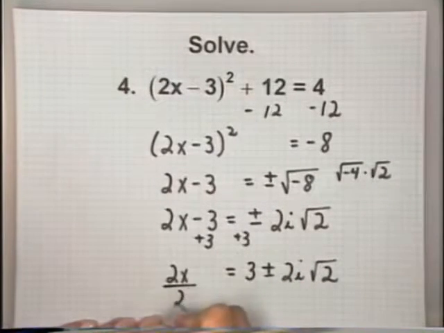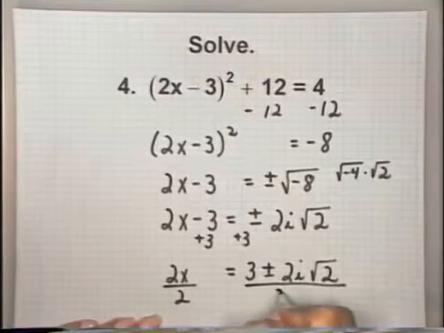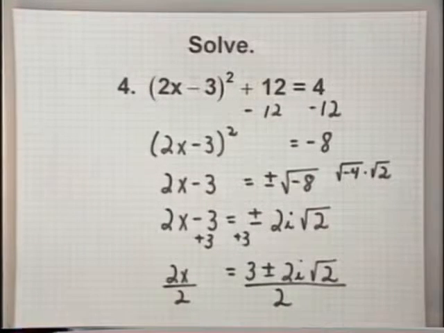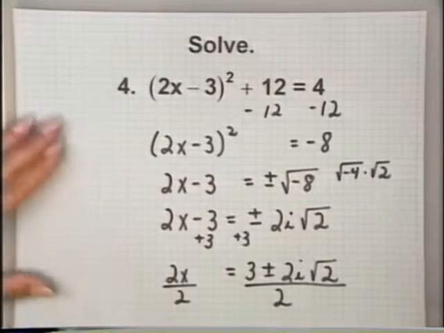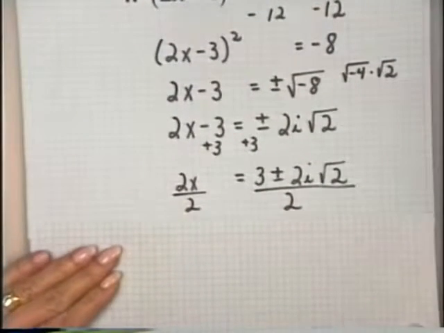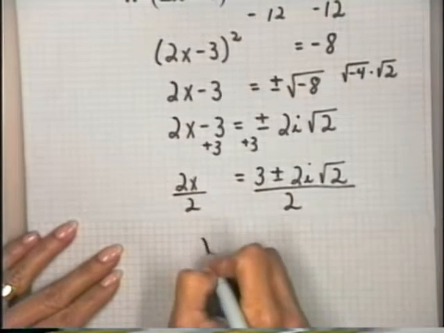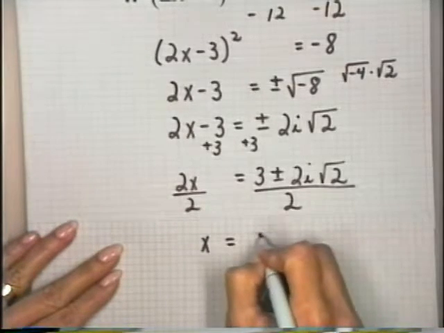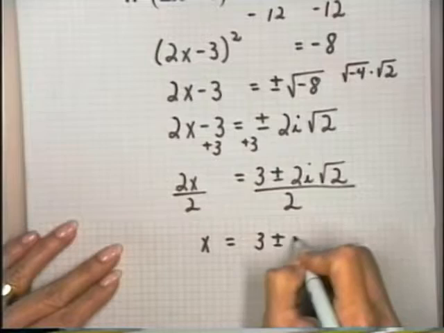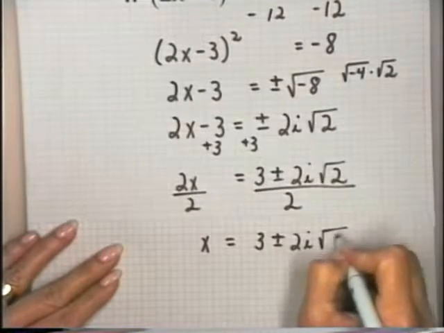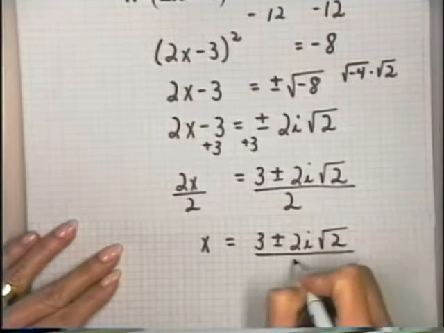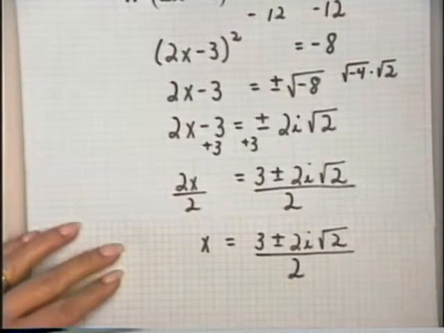And last, I want to divide both sides of the equation by 2. So I get x equals 3 plus or minus 2i times the square root of 2 all over 2.